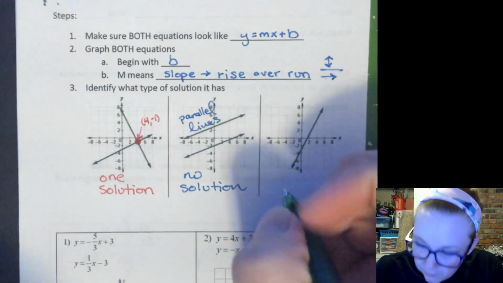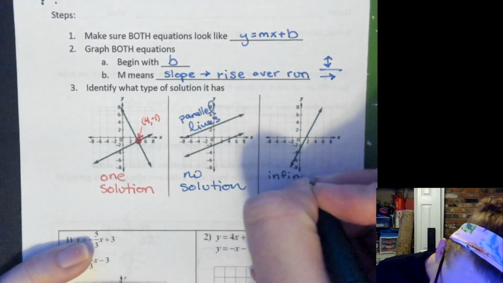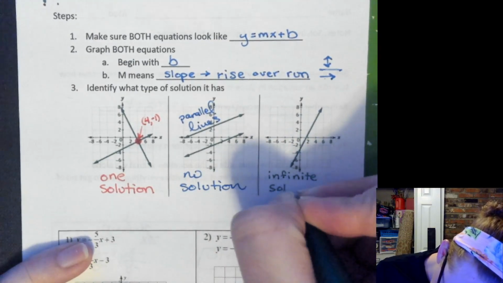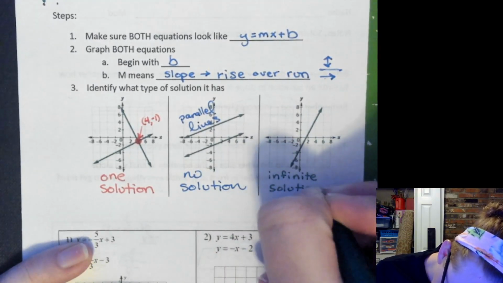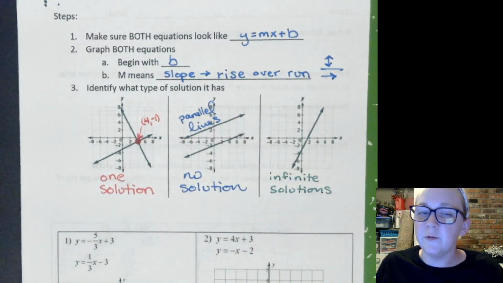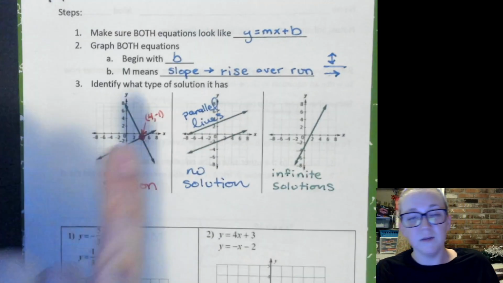That's actually called infinite solutions, or infinitely many, however you want to say it. The reason it's infinite solutions is because, remember, for the one solution, it's whenever the 2 lines touched at that one point, that was the solution.